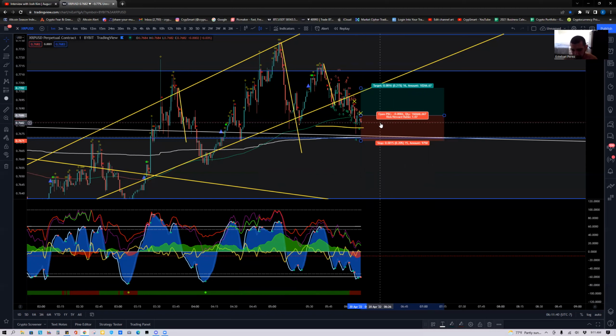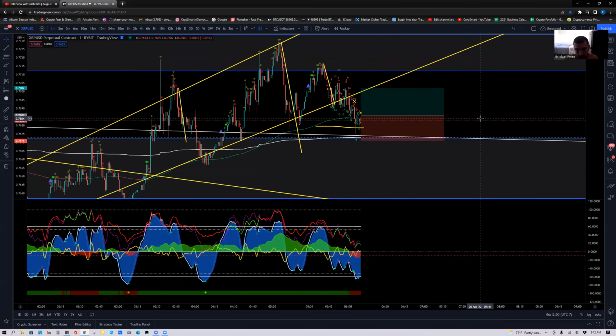These are the trading bots, algos that are making that. The EMA is kind of acting as resistance in there.